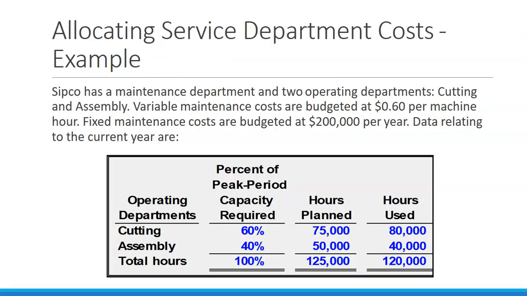So in this example, we have a maintenance department, and we have two operating departments within our manufacturing, cutting and assembly. We allocate costs for maintenance based on machine hours. Our variable costs are 60 cents per machine hour, and fixed maintenance costs are budgeted at $200,000 a year. The cutting department has 60% of capacity and the assembly department has 40% of capacity. We have information about our budgeted machine hours and our actual used machine hours.